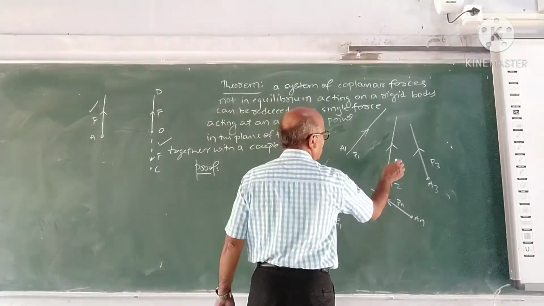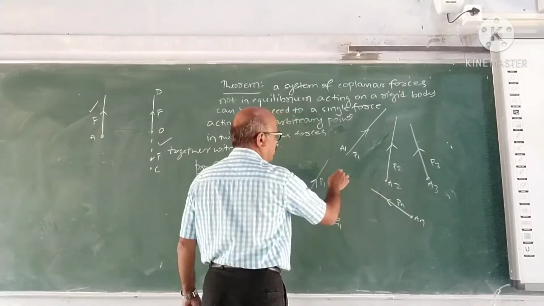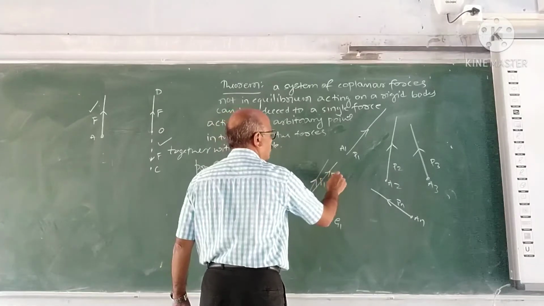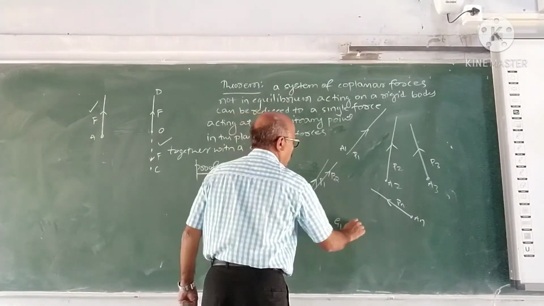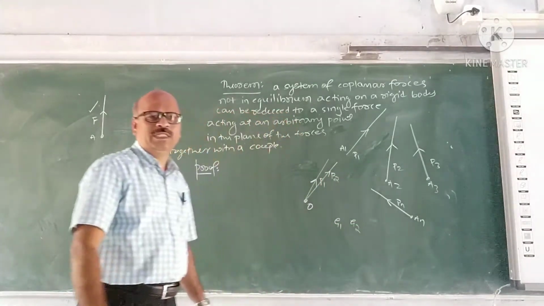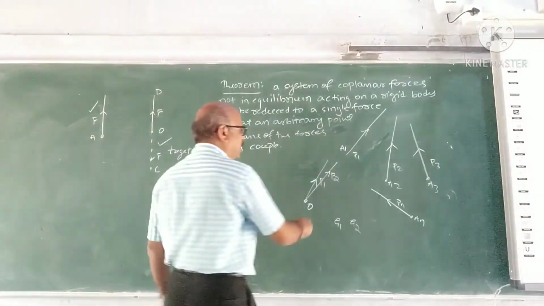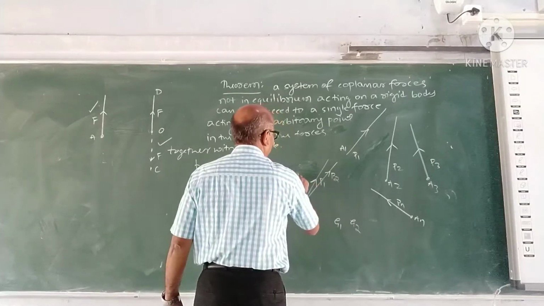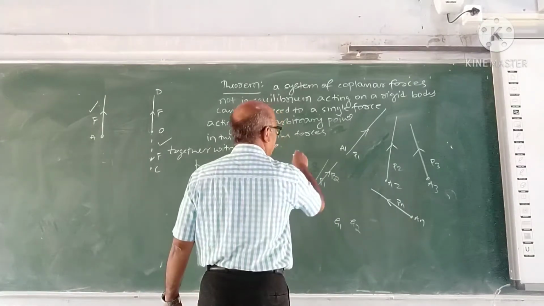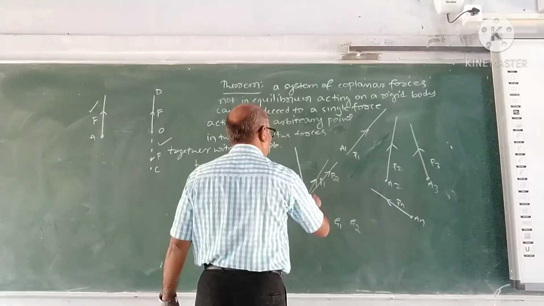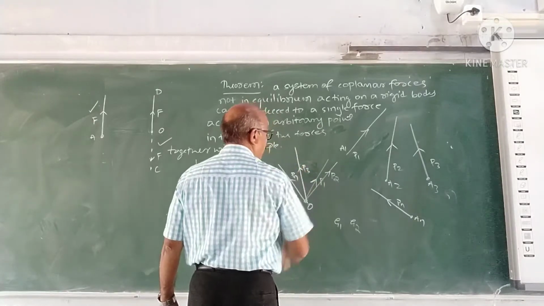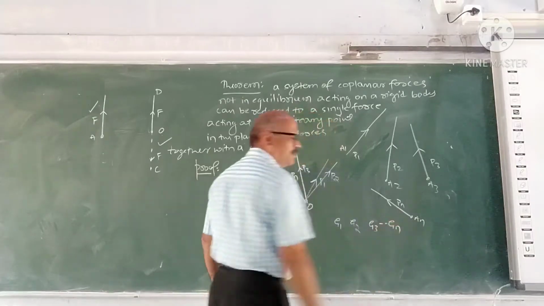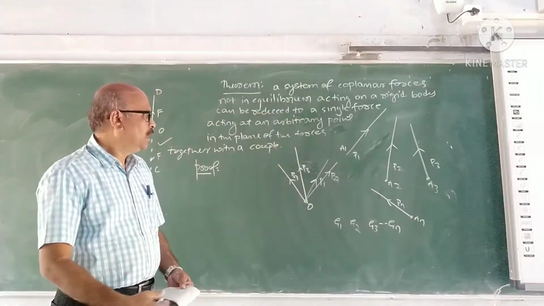Similarly, this force P2 acting at A2 can be replaced by equivalent parallel force P2 through O together with a couple of moment G2. Similarly, we can replace all the forces like this, P3 with moment G3, and so on, Pn with Gn.